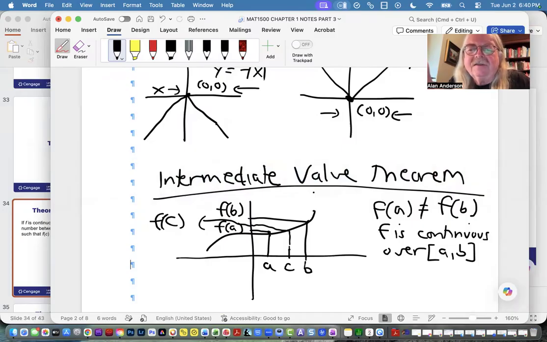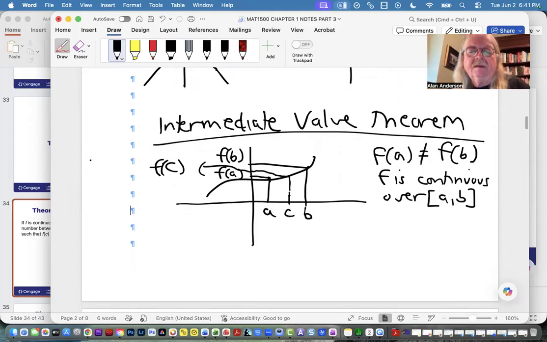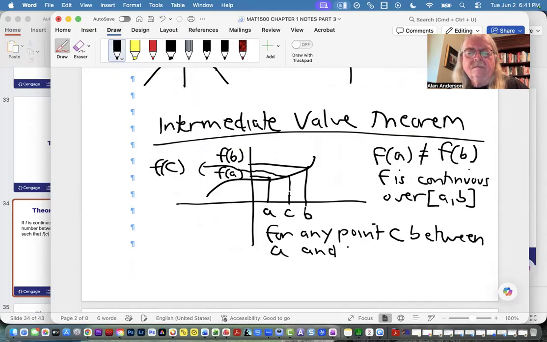They're just saying as long as the curve is continuous between the 2 points over a to b, and as long as f of a and f of b are different from each other, no matter what point we pick in between, that implies that f of c is between f of a and f of b.